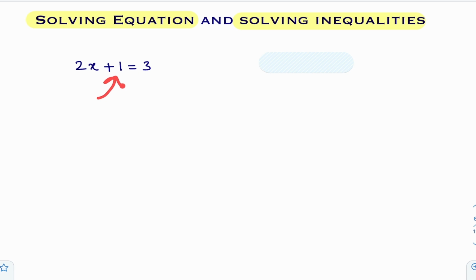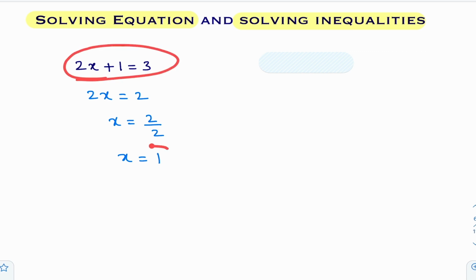If I solve this equation, what x value will I get? 2x equal to 3 minus 1, which is 2. You can simplify this: x equal to 2 divided by 2, so x equal to 1. So I solved this equation and got its solution as x equal to 1. This is solving an equation.